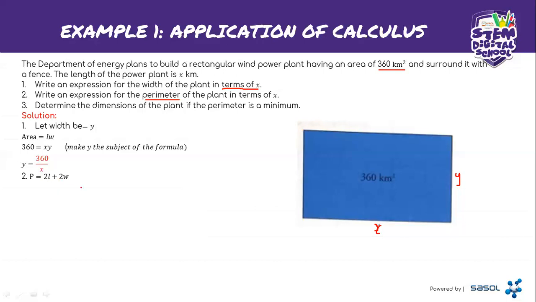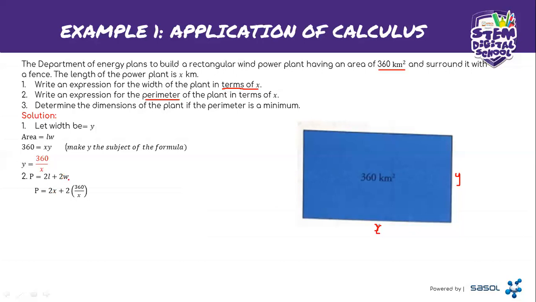Now, since they say that we should express this perimeter in terms of X, we just have to substitute there. We have 2L, we know our length L is X, then 2 and the width. Remember, we have determined the width in terms of X from question 1, right?